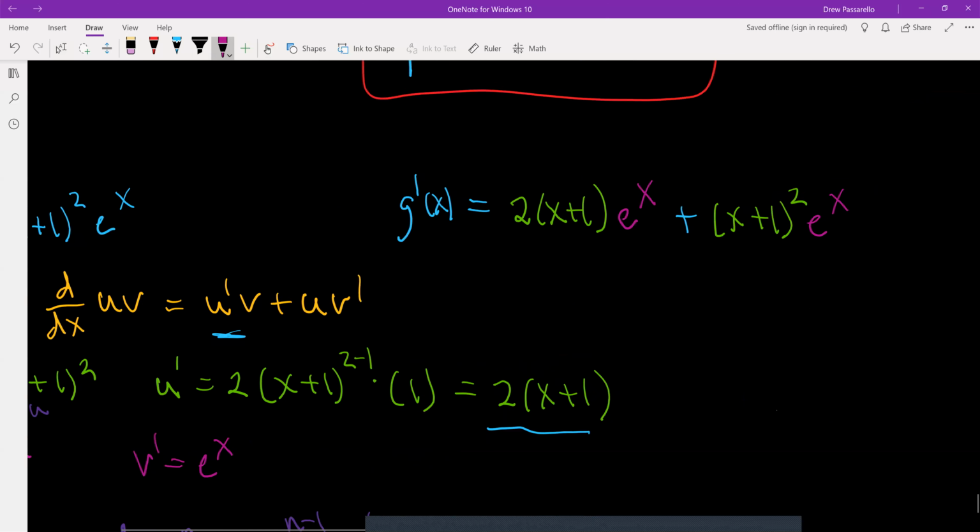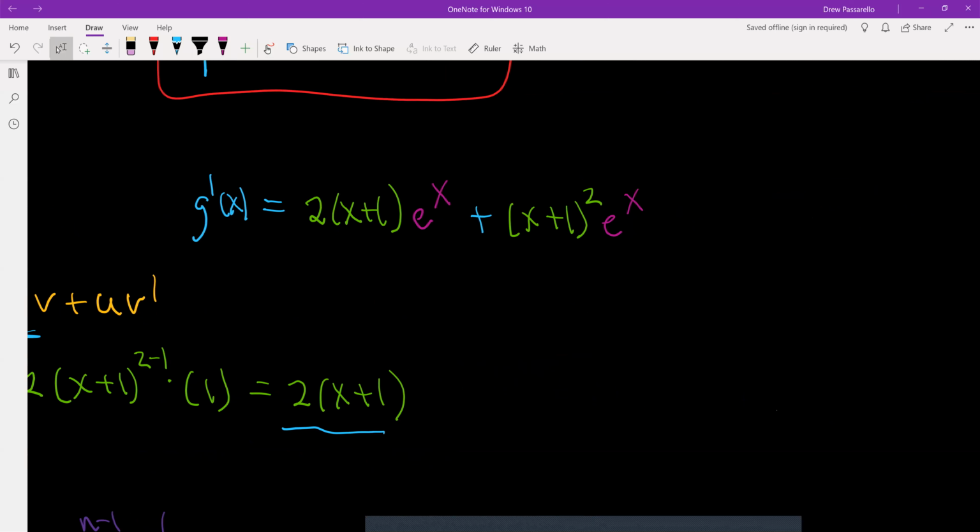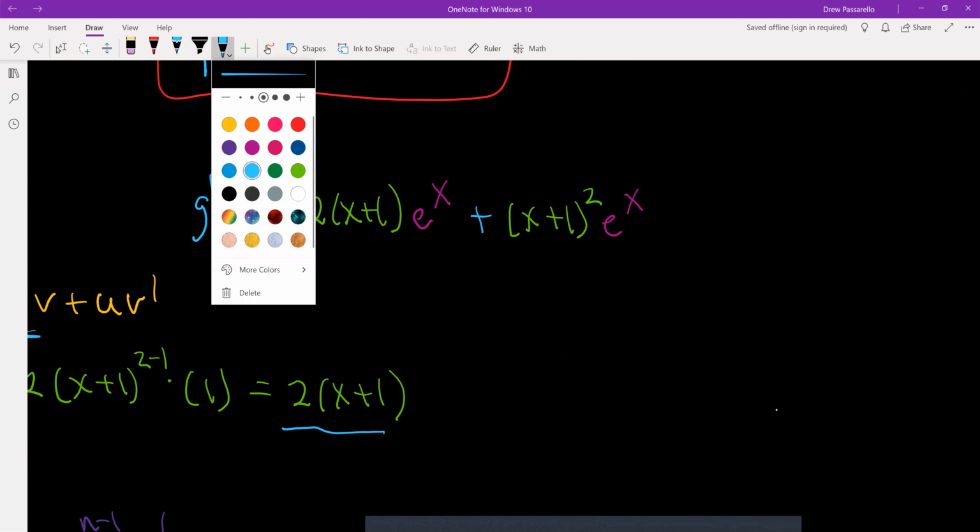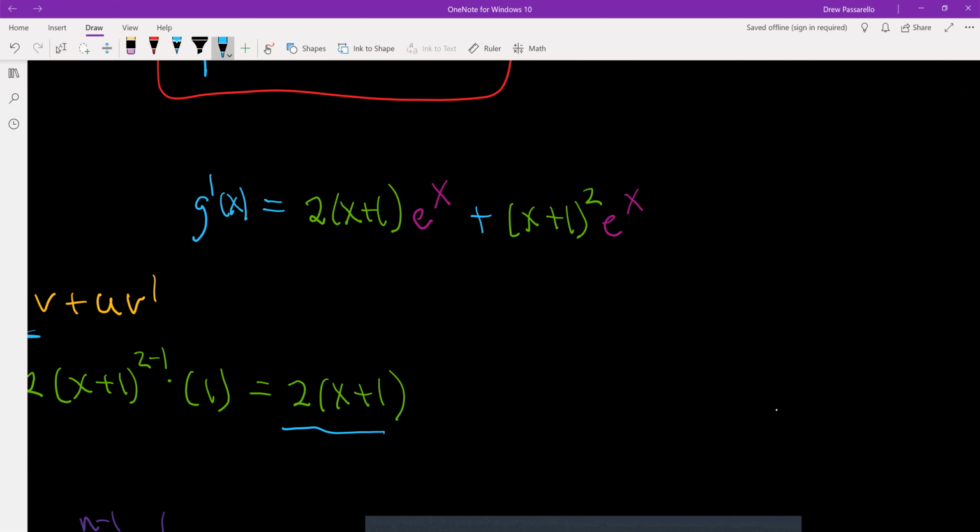All right, and now I just try to simplify this. Now both terms contain x plus 1 and e to the x, so I'm going to factor out e to the x times x plus 1. Factoring that out from the first term basically gets rid of these, so I just have 2 plus, and then for the second term, I got rid of e to the x, dividing that out, and I'm dividing out one of the x plus 1s from x plus 1 squared, so that just gives me x plus 1.